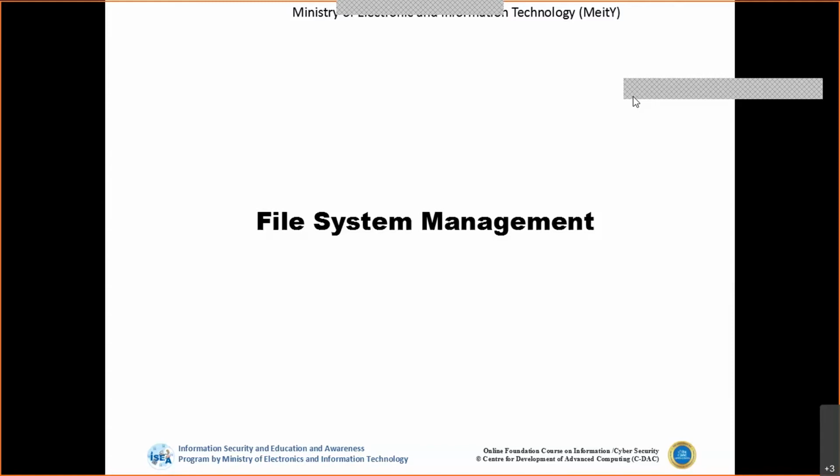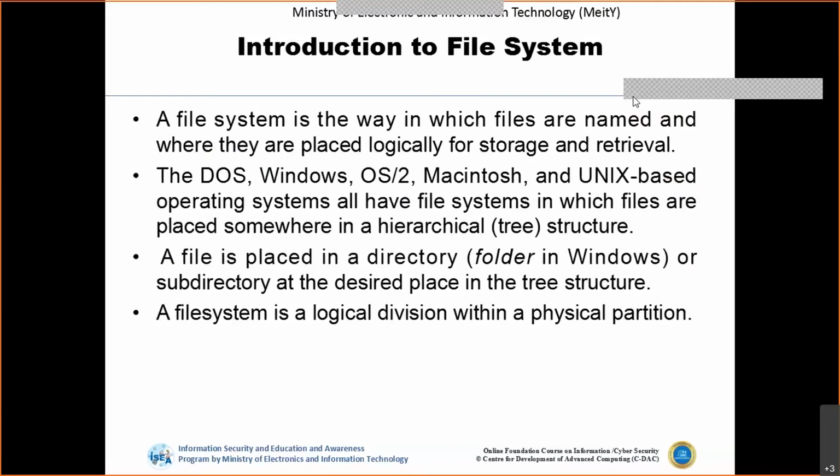Whenever we talk about the file system management, generally it is the way in which the files are named and where they are placed logically for storage and retrieval. Now, let's say I want to save some data. Let's say it is my name, or any data or a photograph or a video, whatever may be the data that has to be stored on the storage.